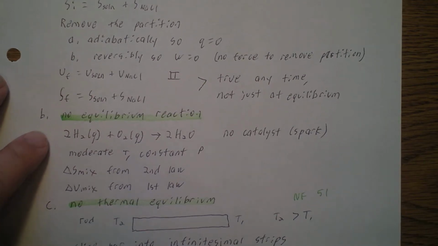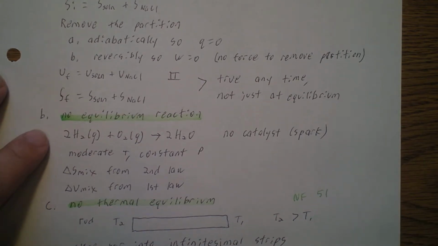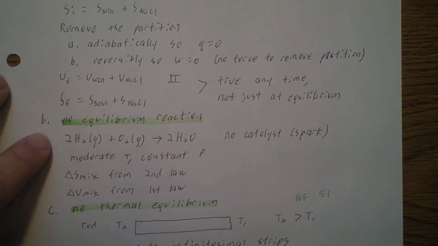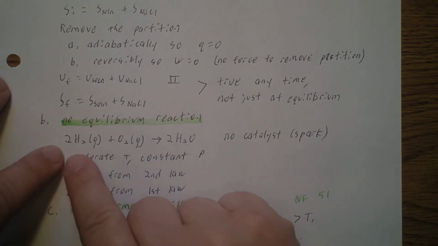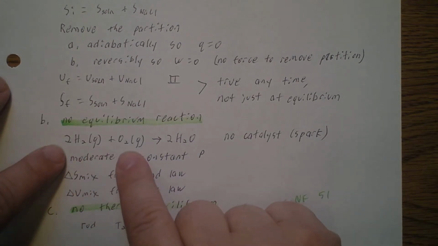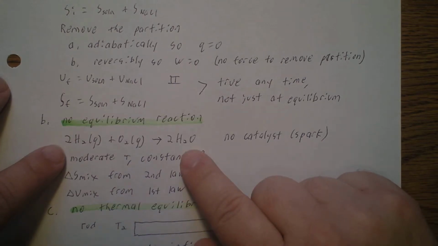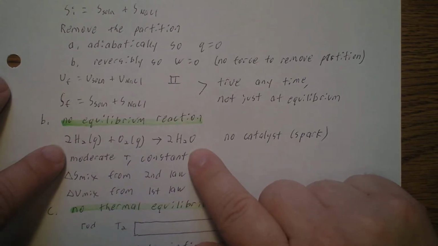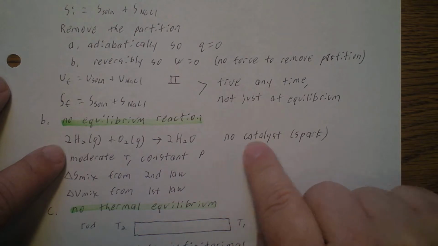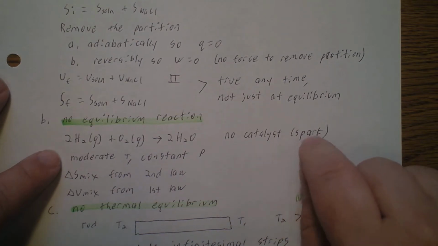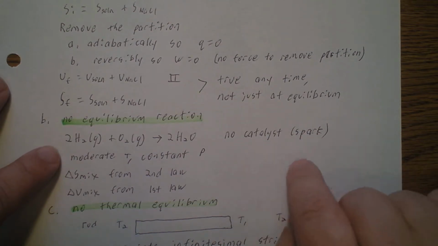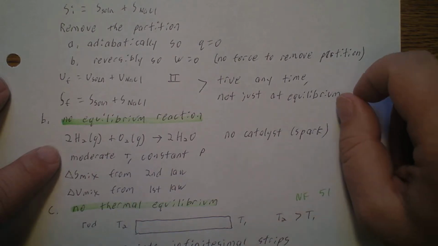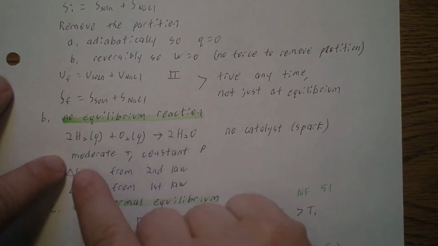Now, let's say we have no equilibrium reaction. So we have H2 gas plus O2 gas giving us H2O, probably vapor also, with no catalyst, so there's no reaction. Normally, if you just have hydrogen and oxygen, until you light it with a match or something, it's not going to actually burn.